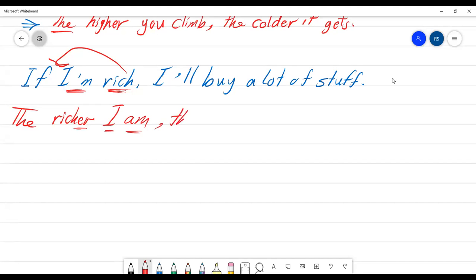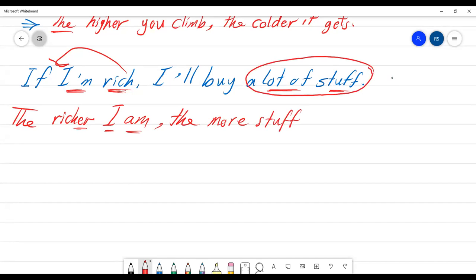Here we use the. I'll buy a lot of stuff. Here we don't have an adjective, but I have a noun and a quantitative, which is a lot of. So instead of a lot of, we use the more stuff. A lot of stuff will be used as the more stuff I'll buy.